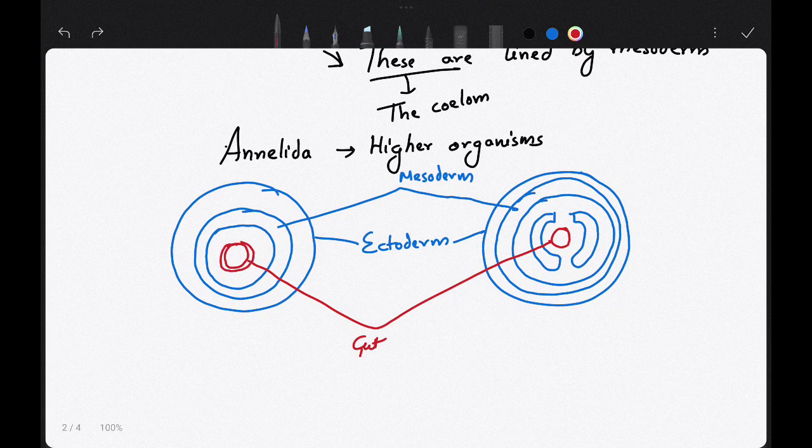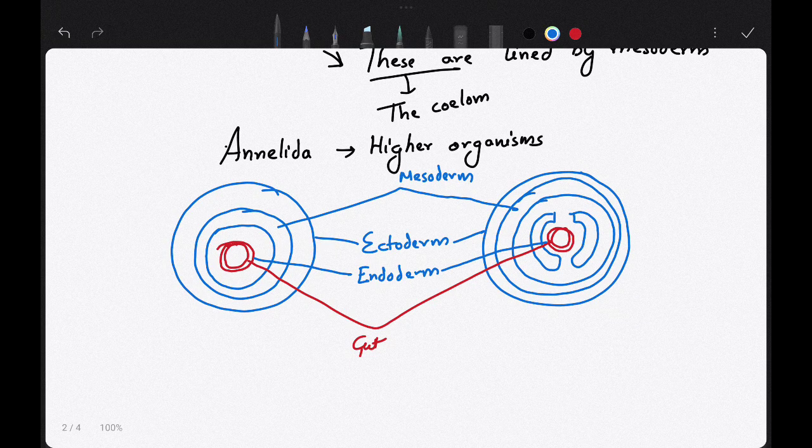Understood? Endoderm. I hope it is clear up to here.